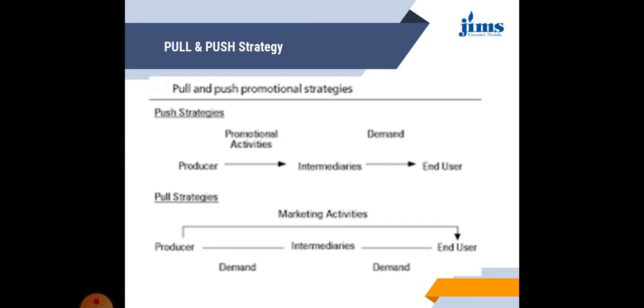So tell the manufacturer to produce this by giving feedback, by responding, by commenting on digital platforms, right? So here the consumer is trying to pull the product towards the market from the manufacturer's end. So push is when the manufacturer is trying to push, and pull is when the consumer is trying to pull the product, right?